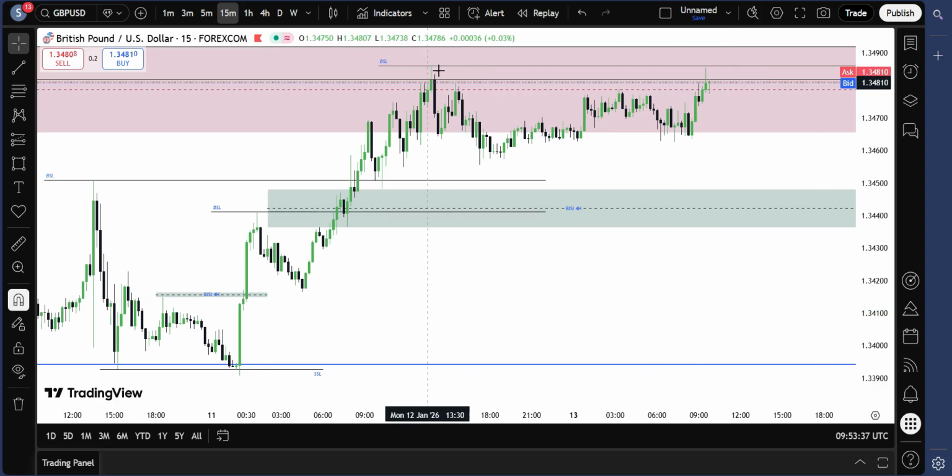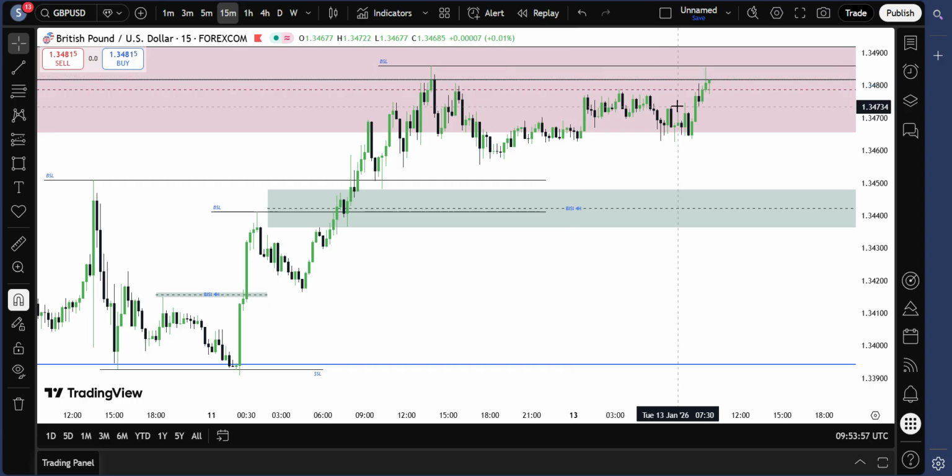Yeah, so that's the area of buy side liquidity. Should we close above here, we are going to use these consecutive bullish candles to frame an entry for a bullish scenario. That is, should price close above this buy side liquidity.